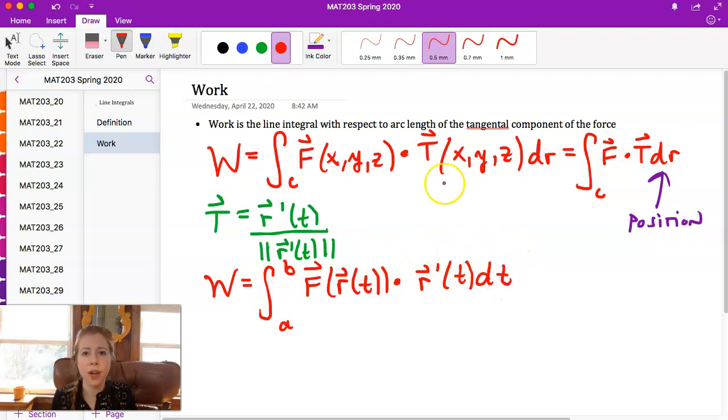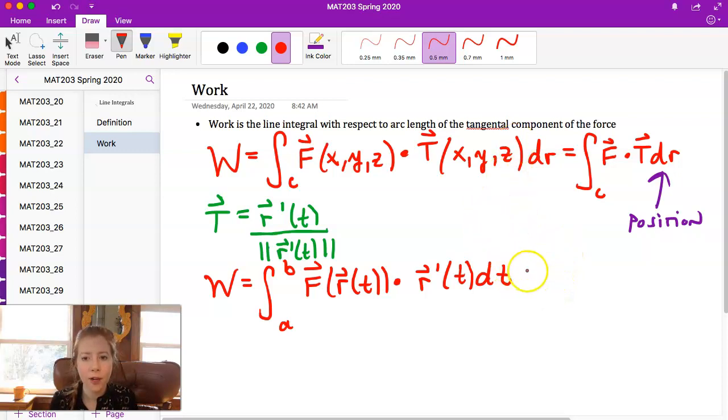So we've just rewritten the above using our definition of the unit tangent to rewrite work as a function of time rather than position. That's all we did here. So we're converting from position to time.